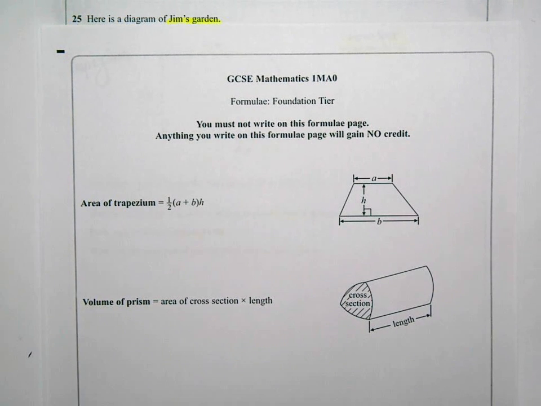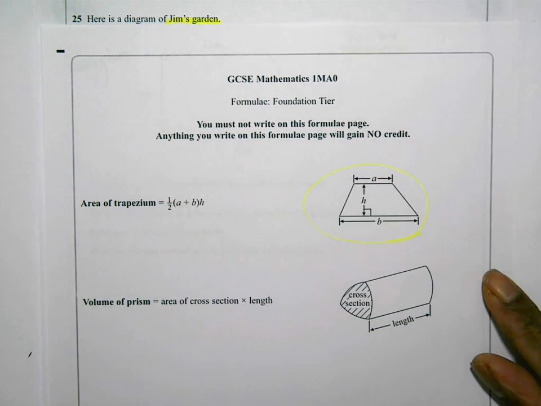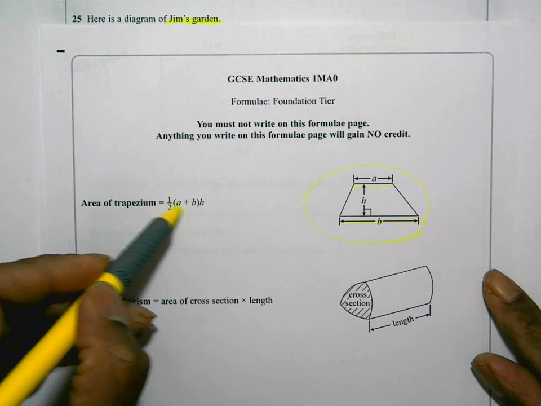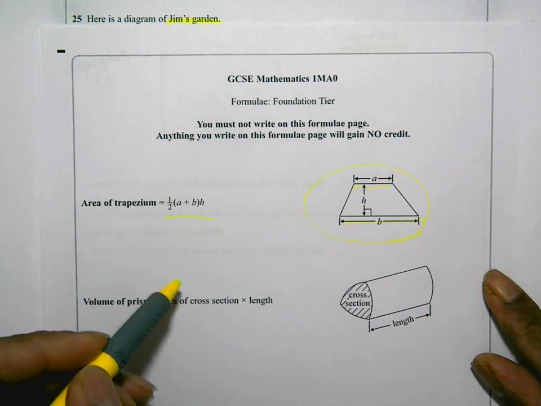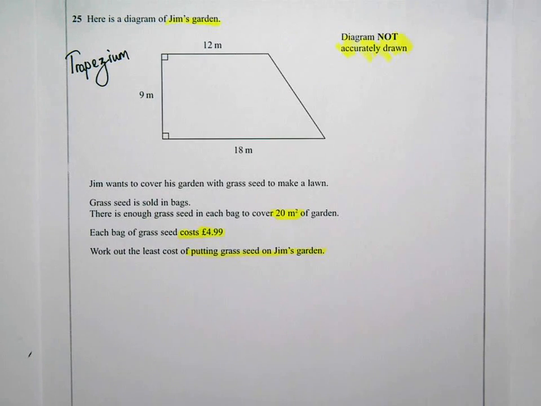One is the volume of a prism, and the other one is the area of a trapezium. The two parallel sides are A and B, and the formula is a half A plus B in brackets times H. So at this stage I'm going to write down that formula.